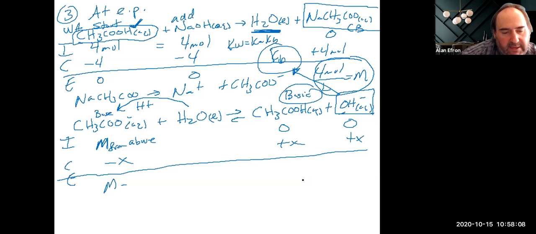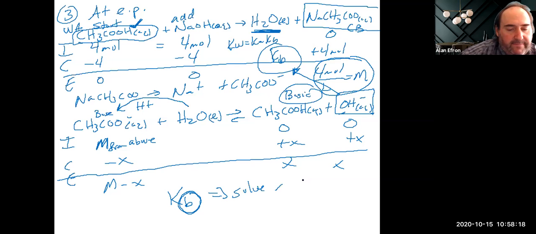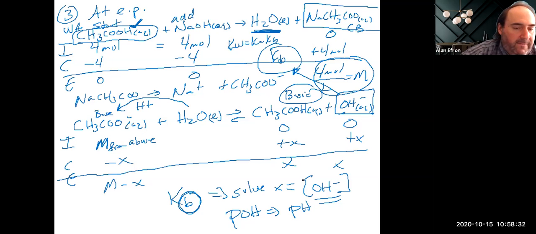It's going to give you your molarity minus x, x, and x. As we talked about, this needs to go into a Kb expression. You will solve for x. X in this case does not equal the H plus concentration. It equals the hydroxide concentration, which means you got to go pOH and then off to pH in that order.